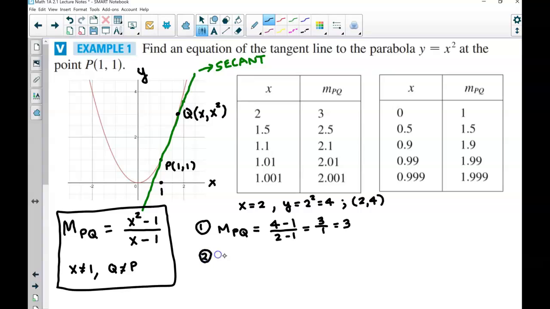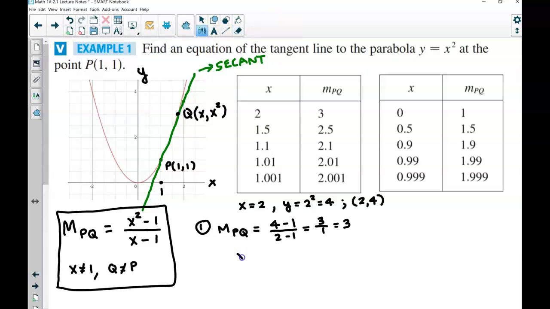Now let's go a little closer to 1. As we're going closer to the point (1, 1), we're moving inward. The number in between 2 and 1 is 1.5. So similarly, we'll use 1.5 and do the same thing here.